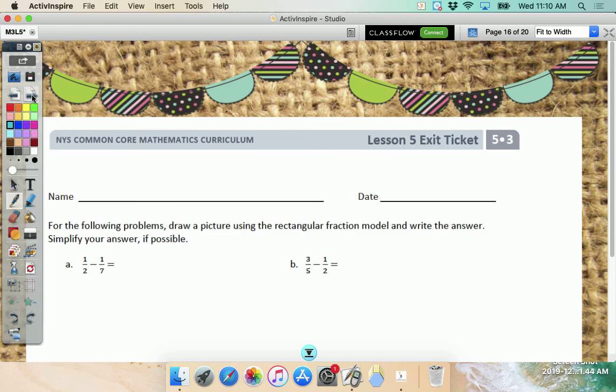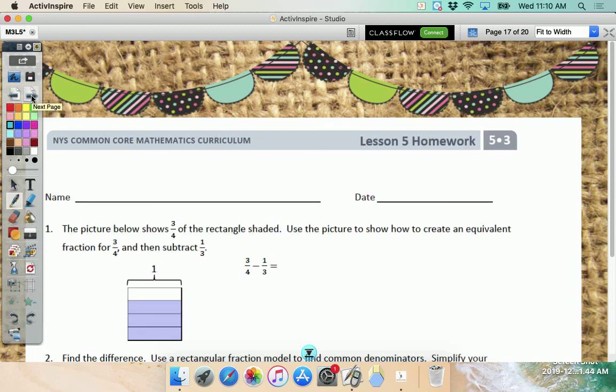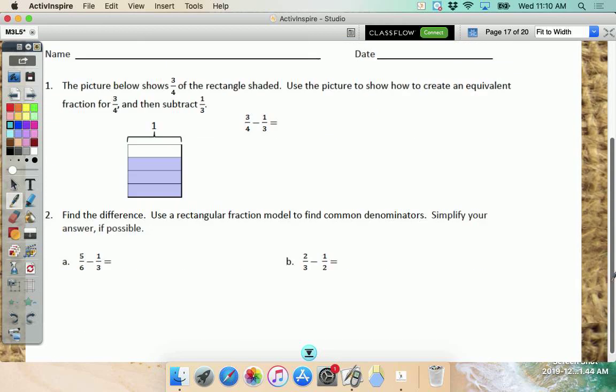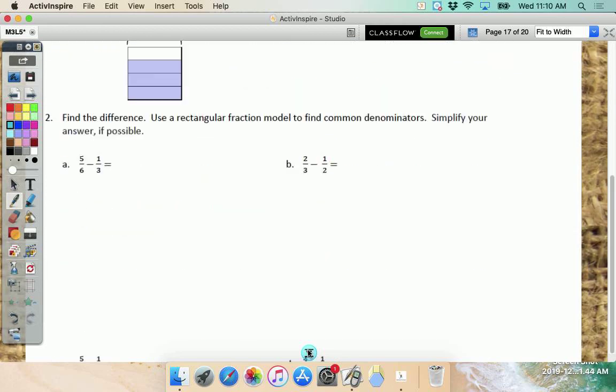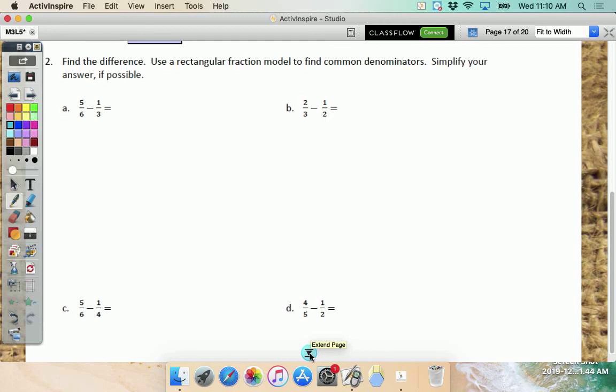I made a copy of the homework because you're probably going to get done with this really fast. And so we're not drawing on the homework, but I want to show you something. On A and C of your homework, you can try method 2.